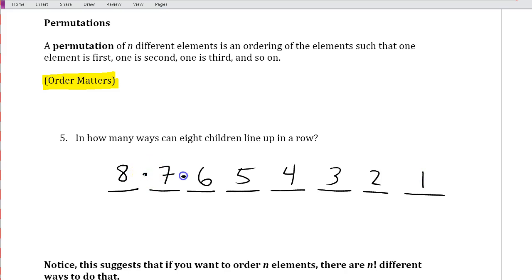We're going to multiply these together, and there should be 40,320 ways that we could line up these 8 children.